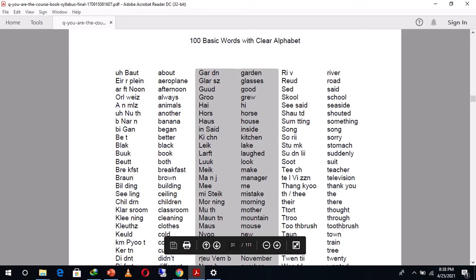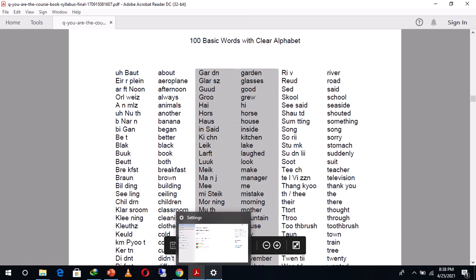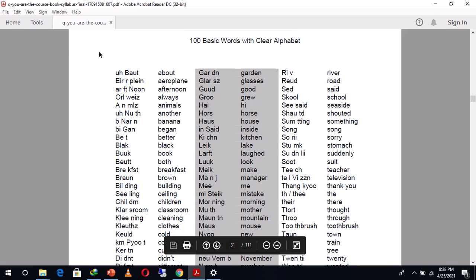Okay. There's another word, black. A book. There's a word, breakfast. There's not a single word in the dictionary which is called breakfast. It's a breakfast. There's a word, brown.